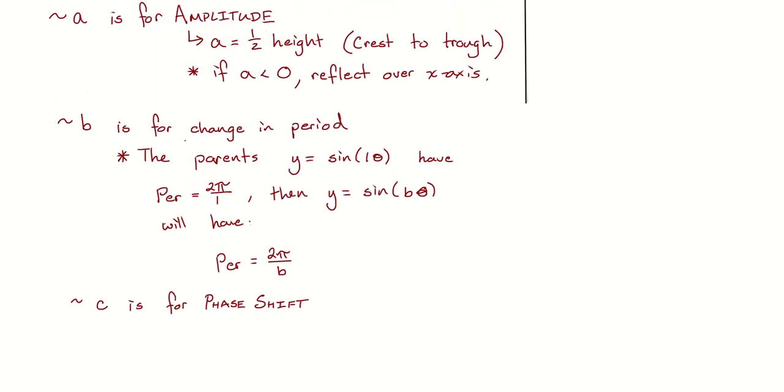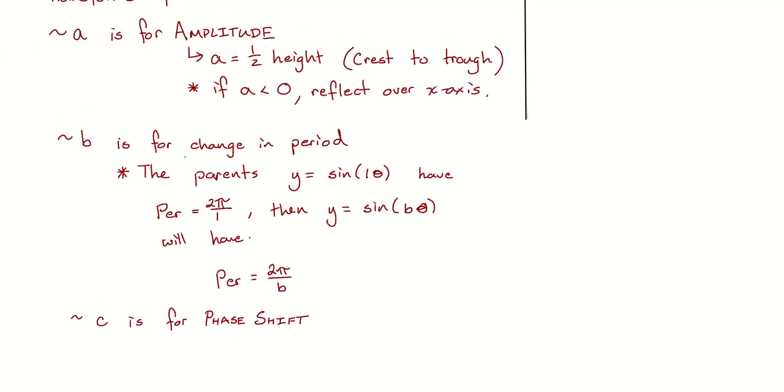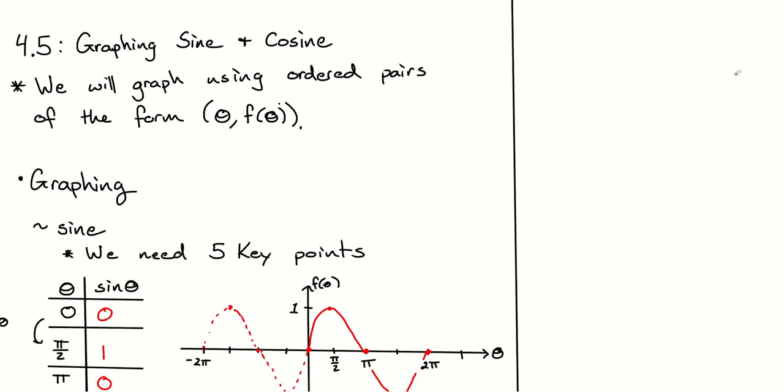Now, I'm actually going to move this whole thing up to the other side so I have room to write it. So C is for phase shift. And then I promise we're going to put it all together toward the end, and graphing these things is fairly tedious, but totally doable. All right, so C is for our phase shift.